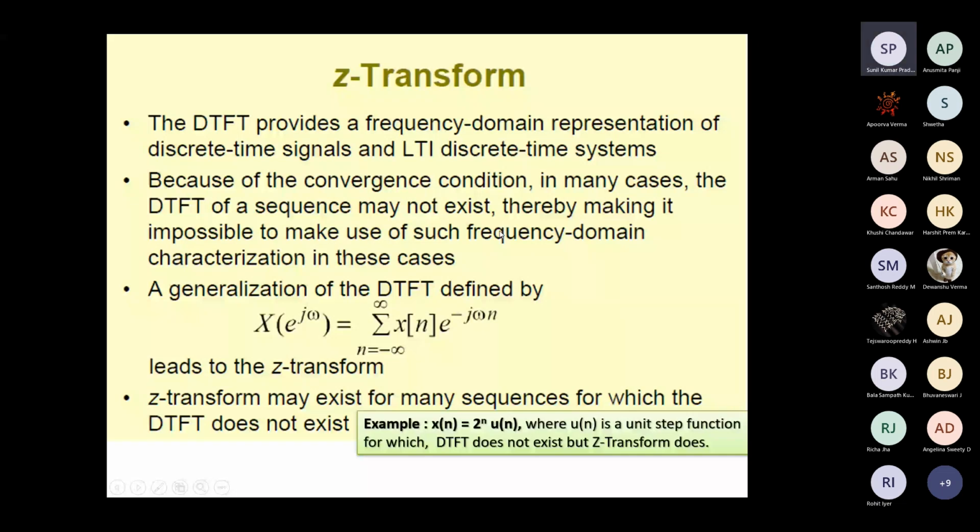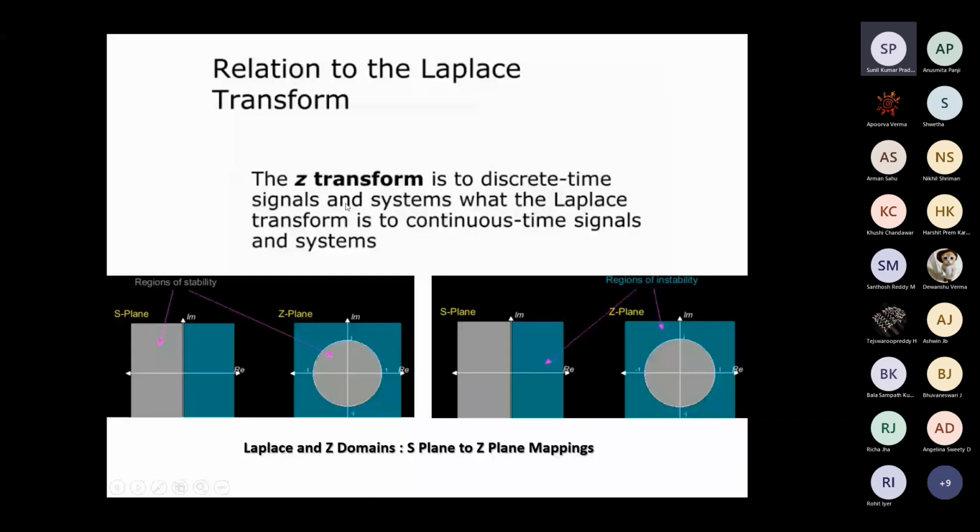Now consider the relation between the Laplace transform and the Z transform. For the Laplace transform, the region of stability is the left half of the S plane. Similarly, the region of stability in the Z plane is inside the unit circle. So the left half of the S plane corresponds to the inside of the unit circle in the Z plane.